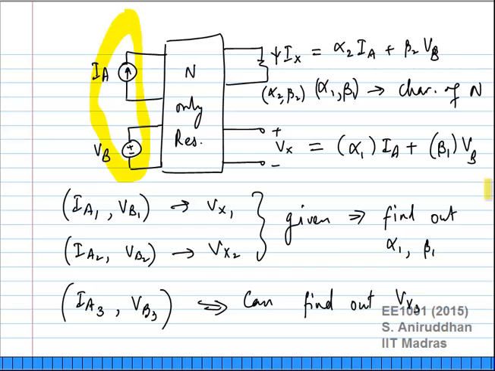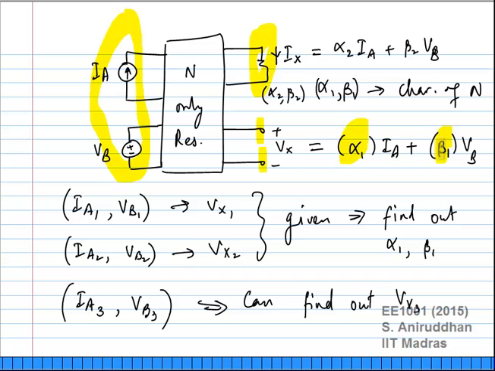Since this network is linear, the voltage across any two nodes or the current through any one of these resistors inside the network can be represented as a linear combination of all the sources driving this particular network. Is that clear? For example, Vx could be written as alpha 1 times Ia plus beta 1 times Vb, where Ia and Vb are the current and voltage sources driving this network. And if you had some K sources, it will be a linear combination of each of these K sources.